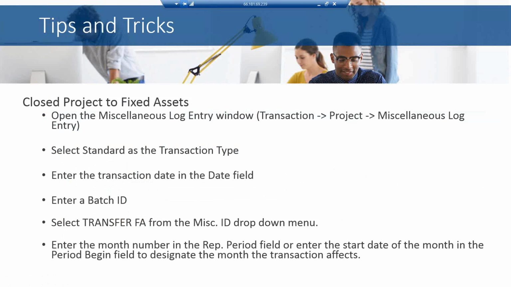And at the end of the day, when that project's complete, that becomes an asset. And so one of the things that people have asked for is what can I do when I close a project and I've got all of my costs collected for that job and it now is a building or it's now an asset that we use internally. How do I then integrate that directly to fixed assets?